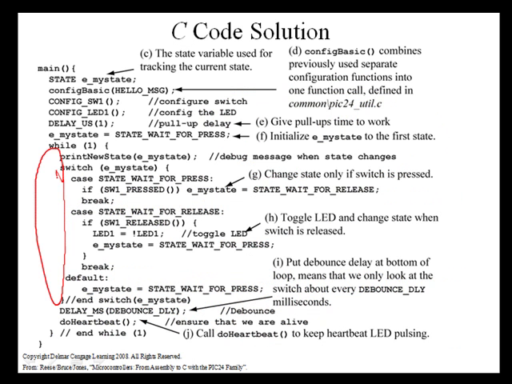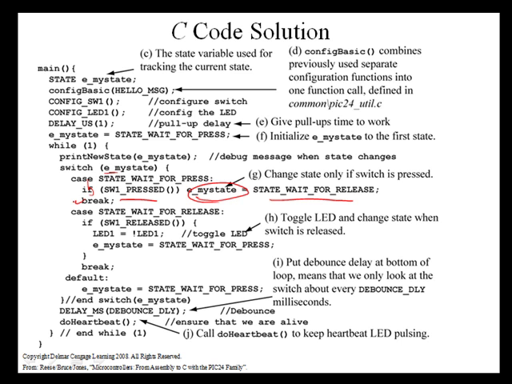We now understand that we're continually going through this loop, waiting 15 milliseconds here and sampling this switch about every 15 milliseconds. If we're currently in this state here, state wait for press, then when we execute the switch statement, that's what we're going to execute. If it's pressed, we're going to change the state variable to state wait for release.